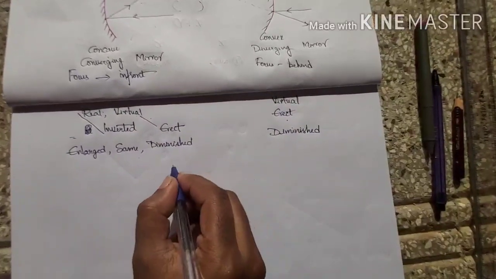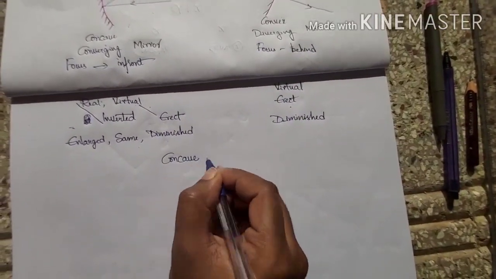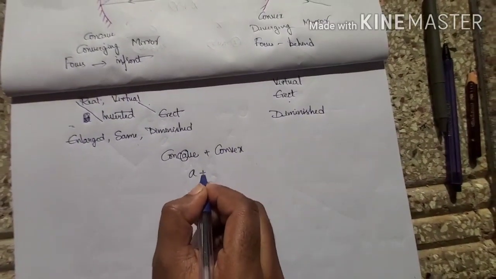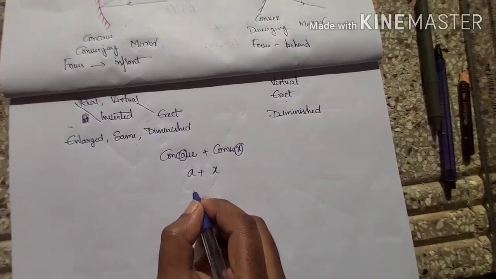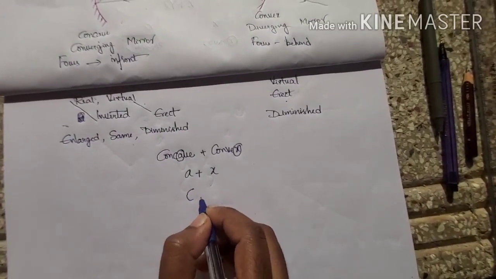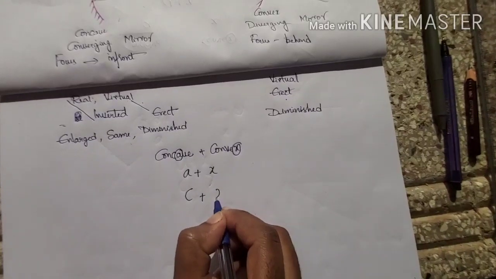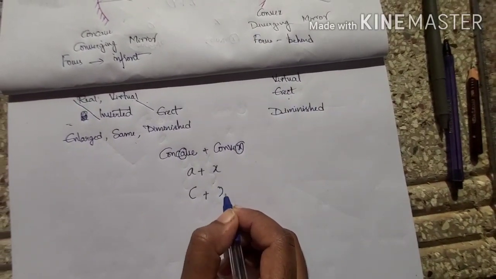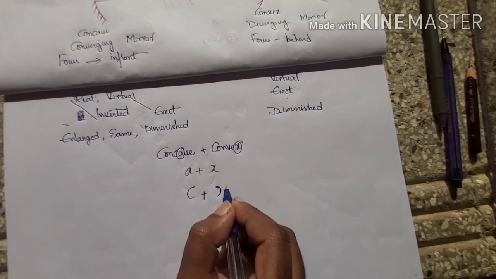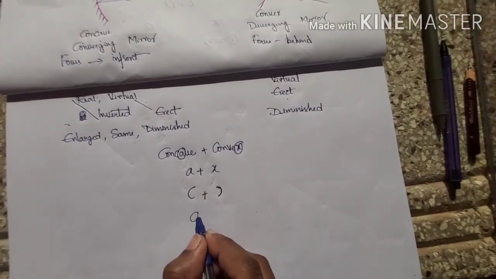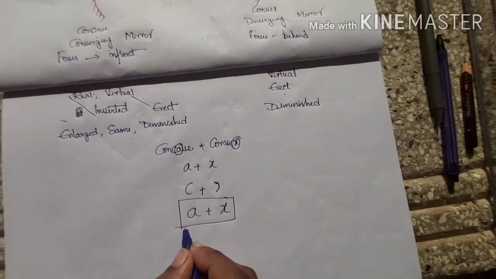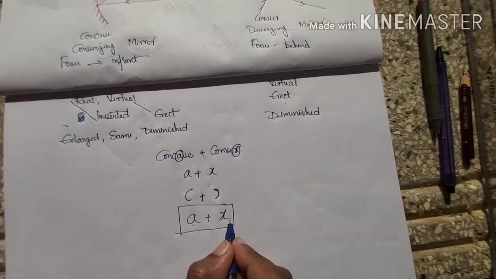Or you can remember it as concave plus convex, A plus X. A you'll write starting like this, so the inside part is concave, whereas X you'll start like this only, no? Right? So this part is your convex. So concave plus convex: the inside part is concave and the outside part is convex.